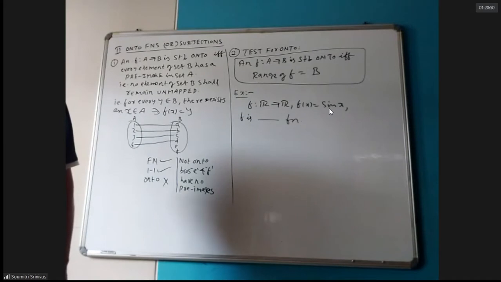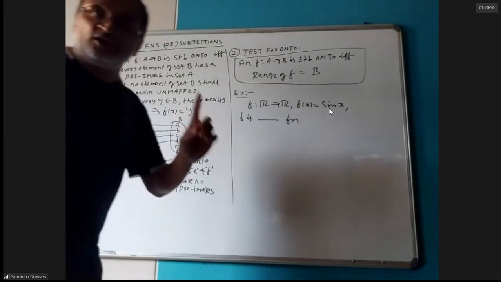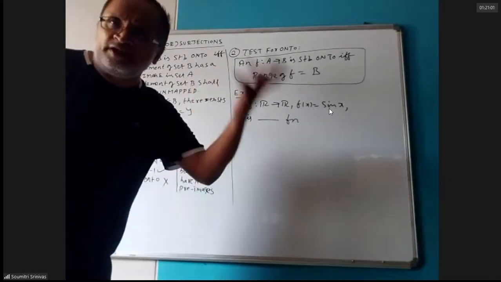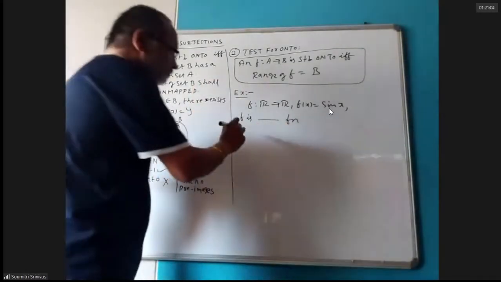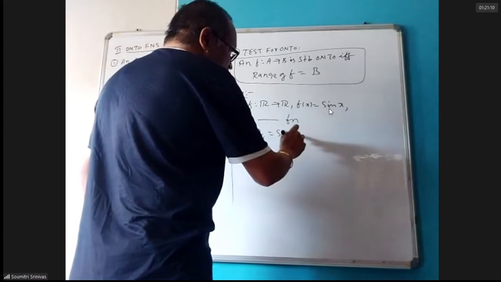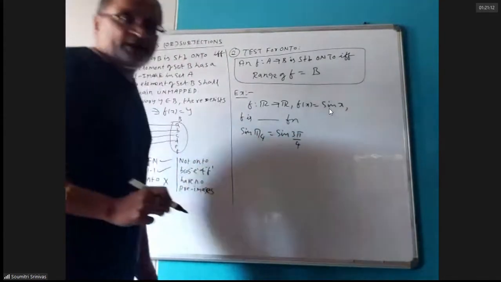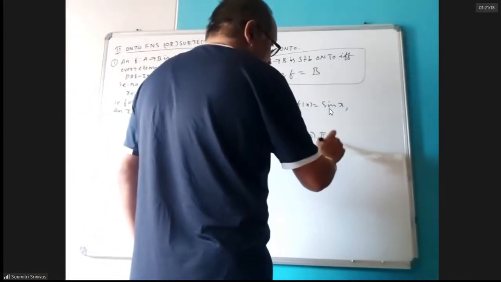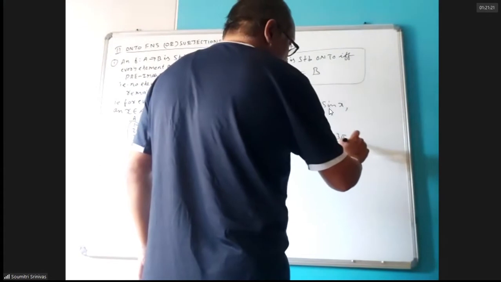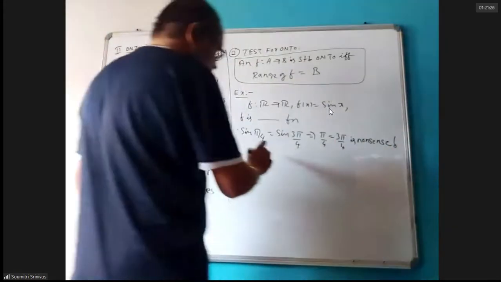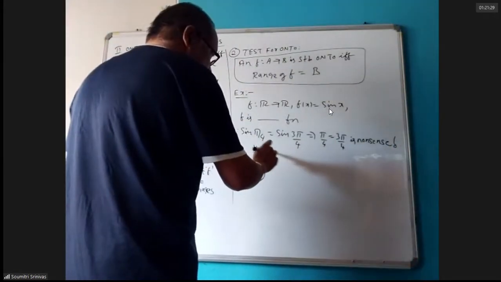Why not? Because trigonometric functions are periodic, and periodic functions are not one-one. For example, sin pi by 4 is 1 by root 2, and sin 3 pi by 4 is 1 by root 2. Does that imply pi by 4 equals 3 pi by 4? No. Hence, not one-one.